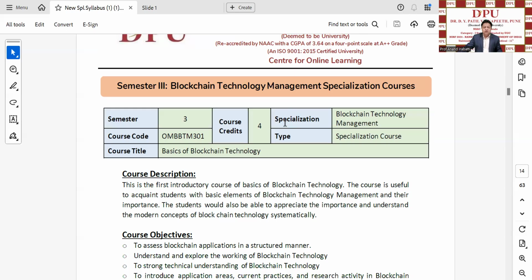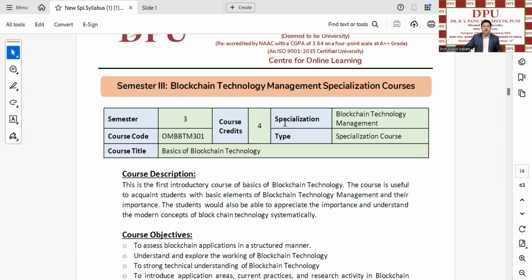This course is useful to familiarize yourself with the basic elements of blockchain technology and their importance. You will be able to understand the importance and the modern concepts of blockchain technology systematically.